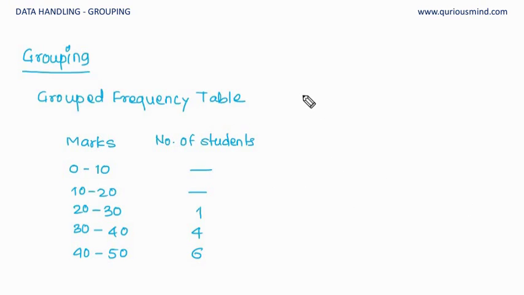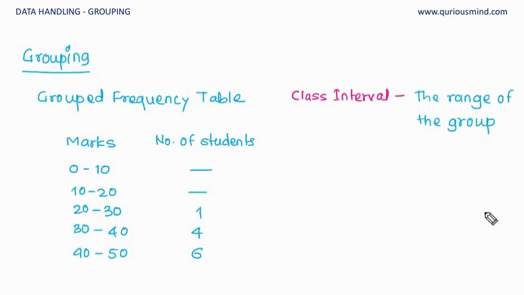The first term is called class interval. Class interval means the range of this group is called class interval. Now each class interval has limits, upper limit and lower limit.